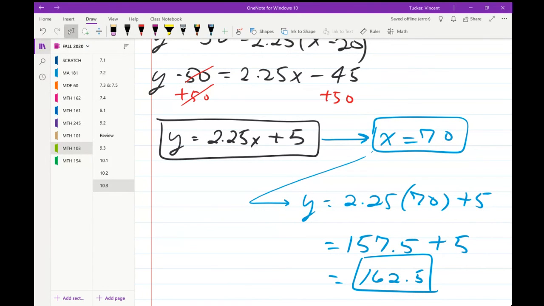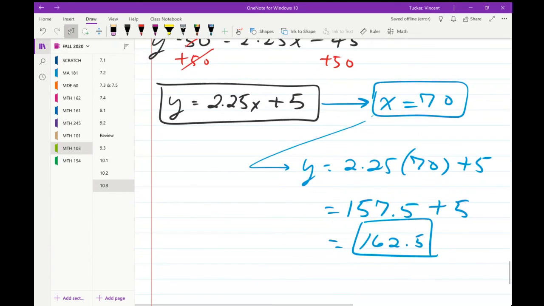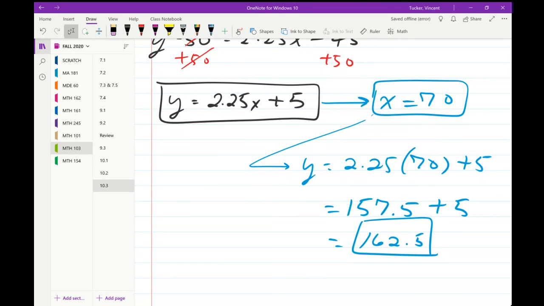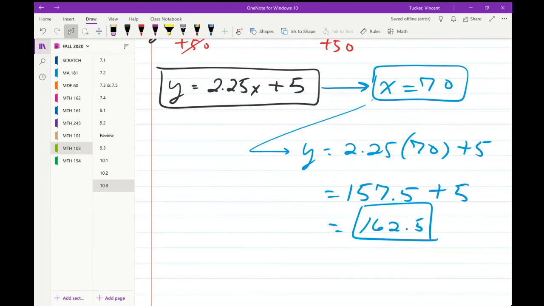Any questions? All right. So that is it for 10.3.